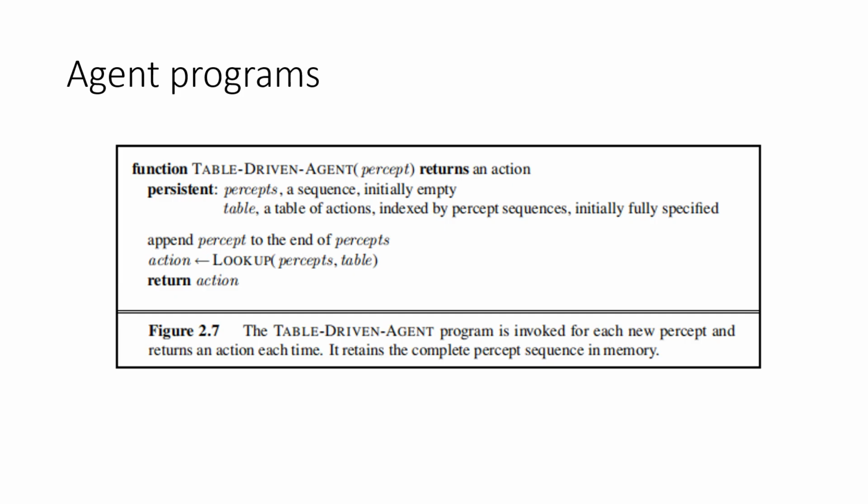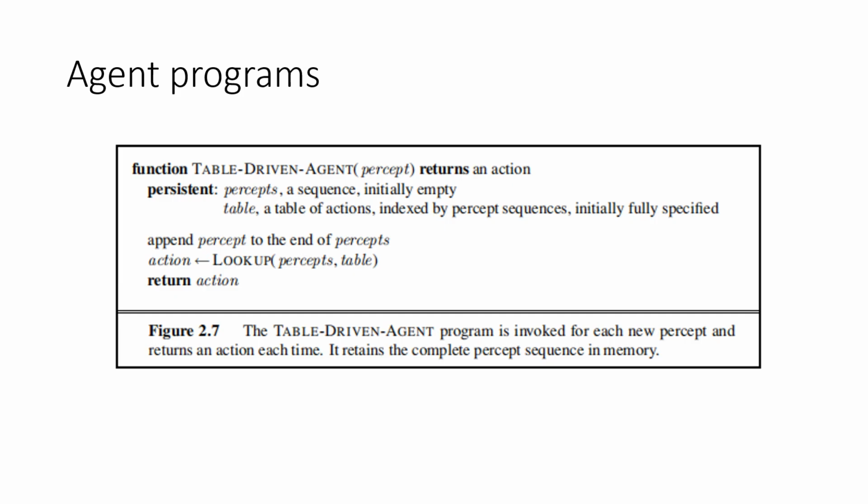So here we can see a function, a table-driven agent, that decides what to do by looking up a table that maps every possible percept sequence to an action. So here we are considering the table-driven agent as the function, percept as the input, and the output is an action. So each time the agent receives a new percept, this function is called, and the output is one action.